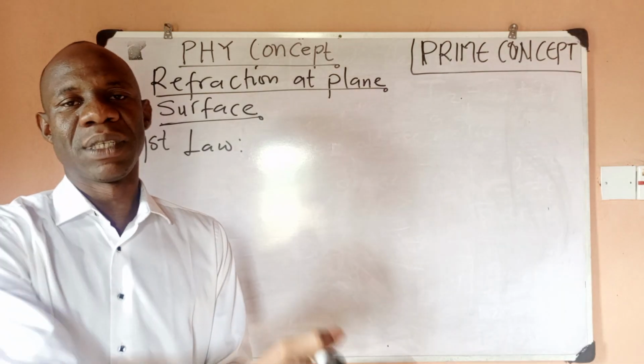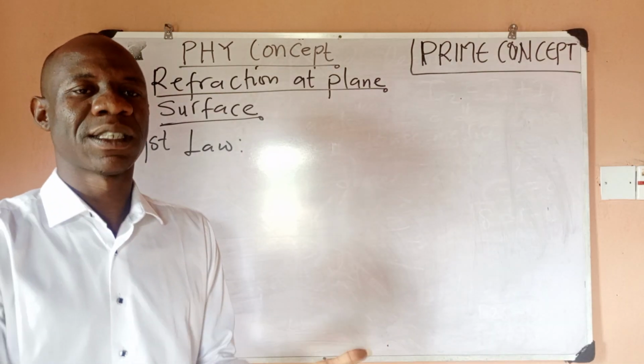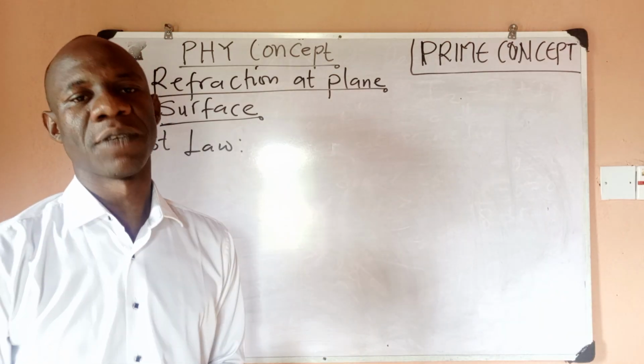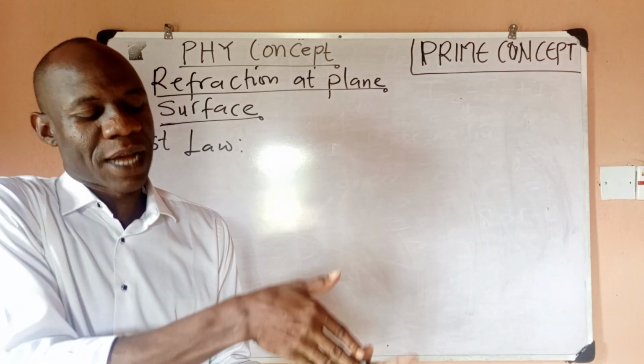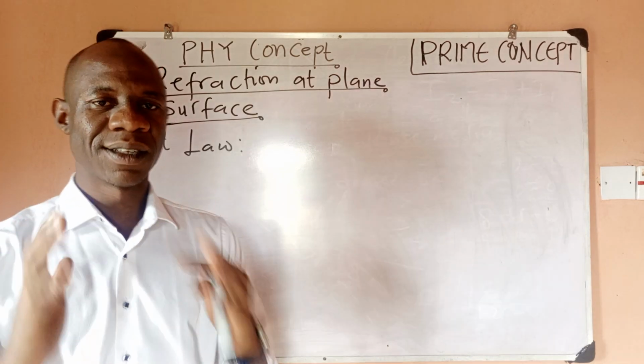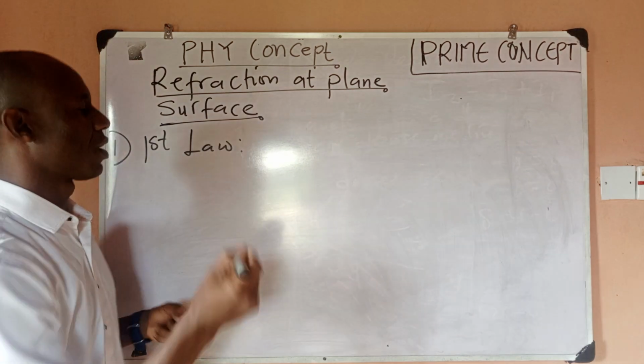So a plane simply means a surface. So we are just saying that those three rays are on the same surface. So you won't have one on this part and then you have another one on this part. So the three of them are on the same what? Surface. So that is what that first law is saying.